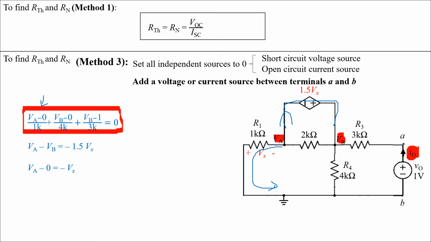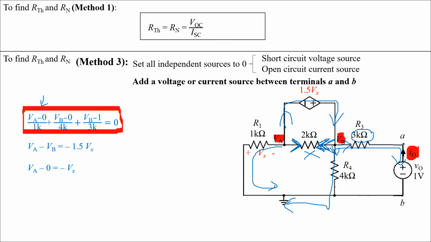And then this current is splitting into here, these two. So we get VB minus 0 divided by 4K, and then VB minus 1 divided by 3K. While this one is a current flowing in the right direction and also a current flowing in the left direction. They are cancelling each other off. So this is a supernode analysis.